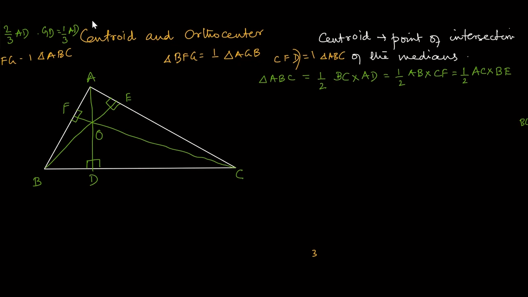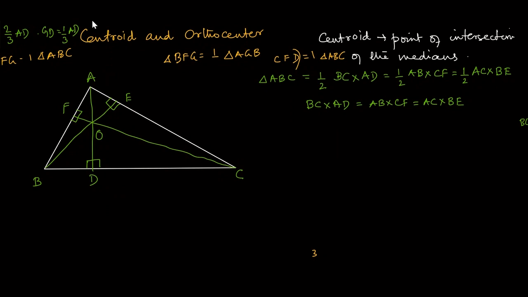So one straight relationship that we can see is BC into AD is equal to AB into CF is equal to AC into BE. Correct? This is a very straightforward one.